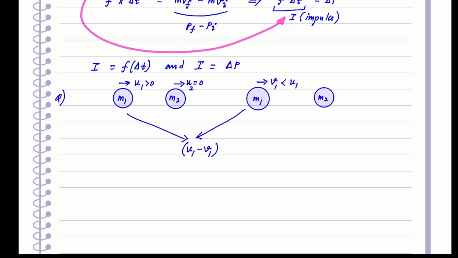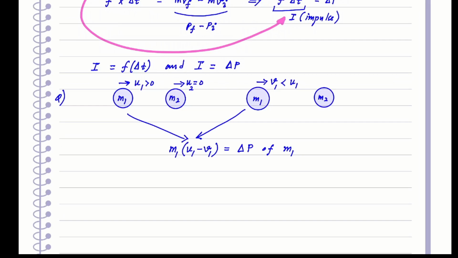If you multiply that with M1, that is nothing but the momentum difference of the M1 object. This should be very clear. The same calculation you can do with M2.